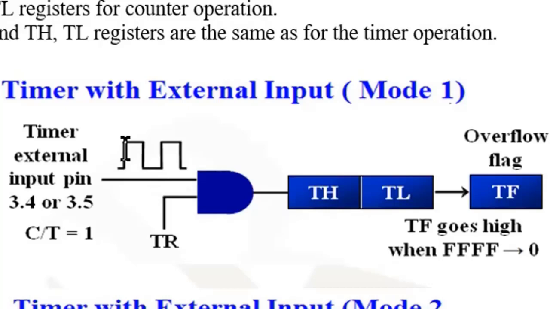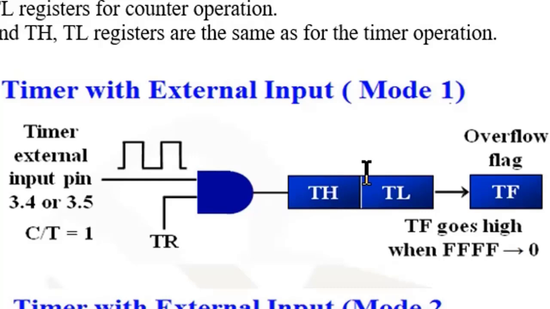So for a particular pulse, when this pulse comes here, it will give 1 pulse at the output of the AND gate. So the value will be incremented by 1. For the next pulse, another logic 1 will be here, so that will be incremented. So according to the number of pulses coming here, this will be incremented, and it will ultimately give a particular value.